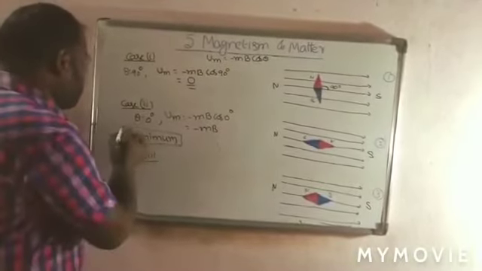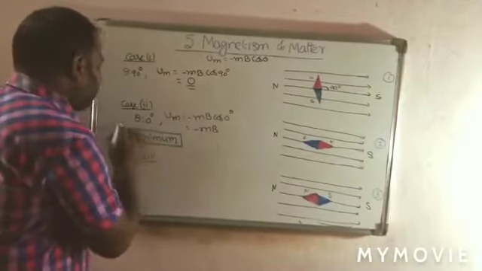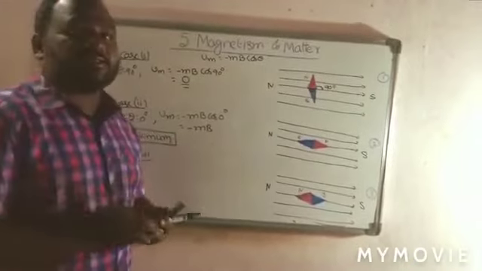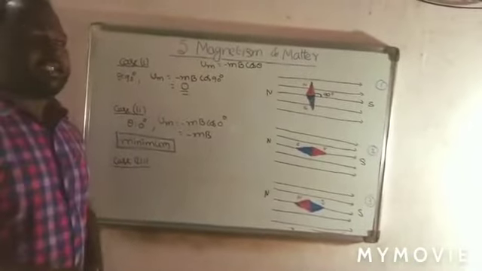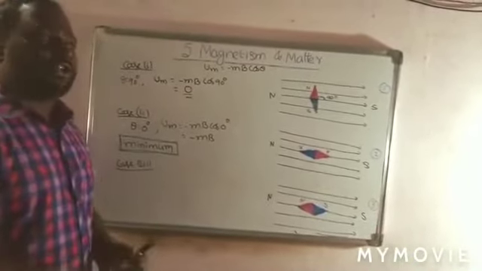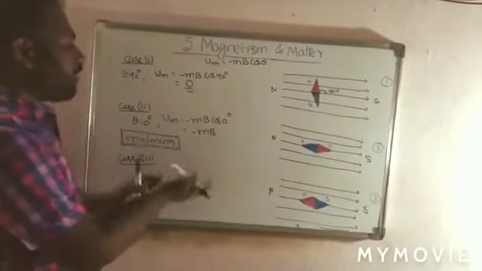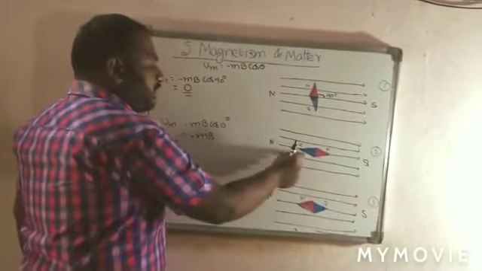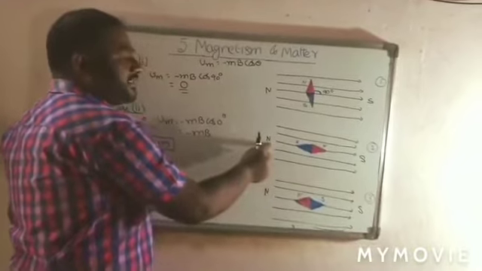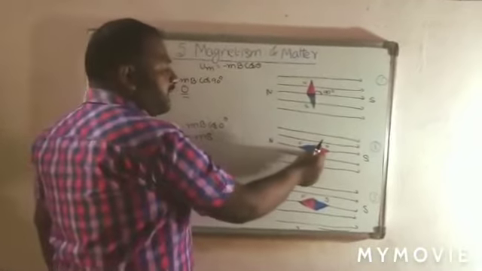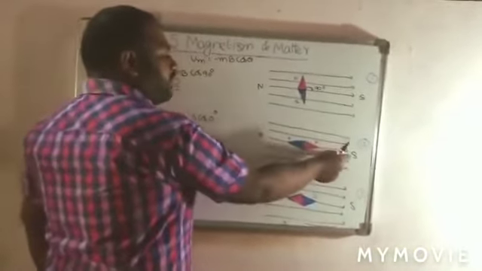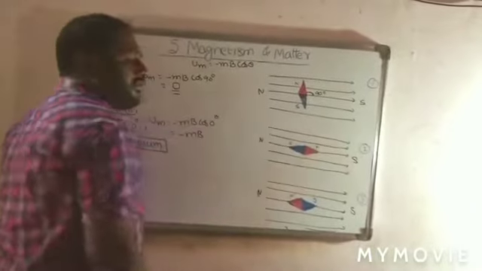You have to remember this point. One more question they are going to ask. The magnetic potential energy is minimum when theta equal to 0 degrees. But in this position, what do you observe? The south pole of the dipole is towards the north pole of the external field, and the north pole of the dipole is towards the south pole of the external field.